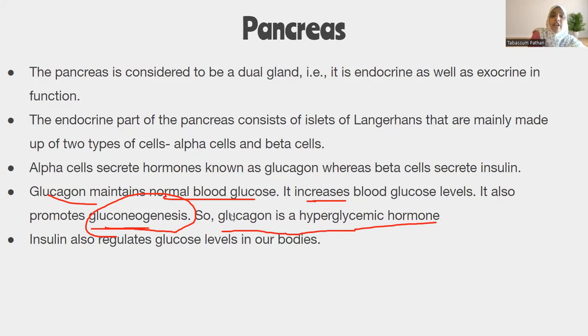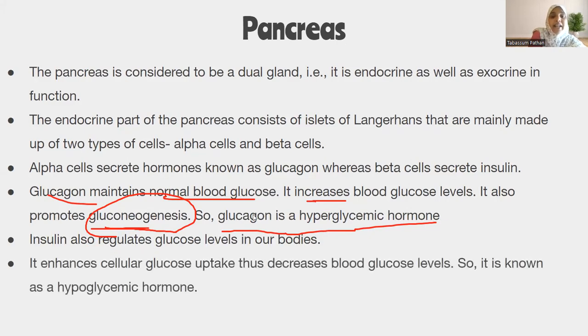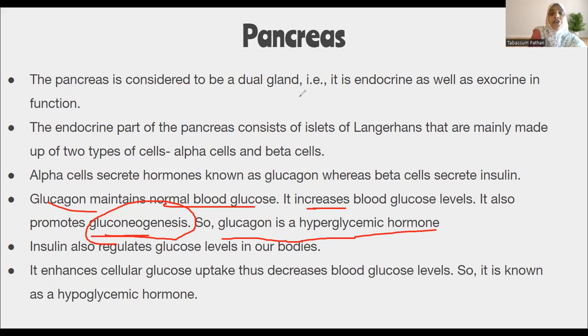Insulin will also regulate the glucose level in our body, but it functions in a reverse order. If there is a greater amount of glucose in your blood, insulin will take up the extra sugar from your blood and direct it to the cells, thereby bringing the blood sugar back to normal. So it will enhance cellular glucose uptake.